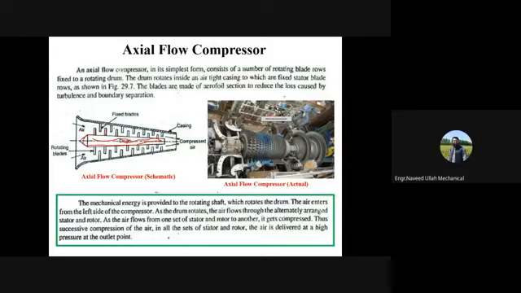This is inside this airtight casing. But as I told you, the casing is not a simple casing. On the periphery of the casing we have rows of fixed blades, known as vanes.